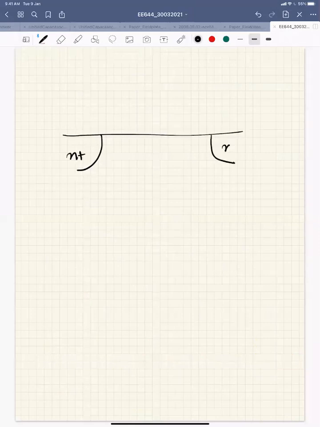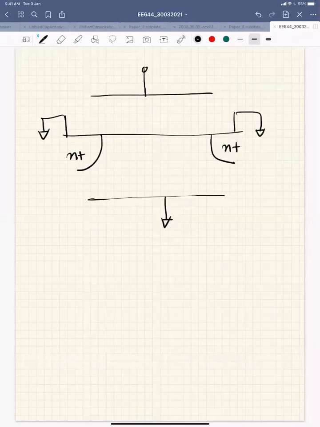But in many cases, let's say this is my silicon, I might have charges somewhere here, not at the interface.